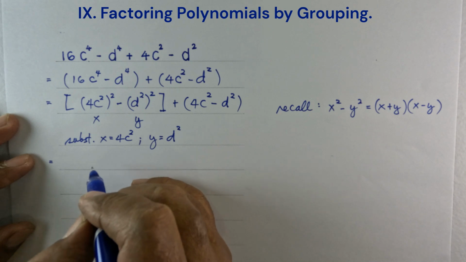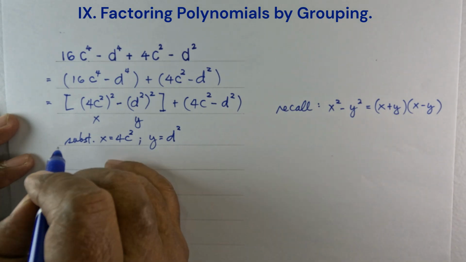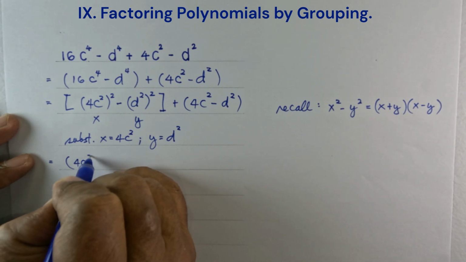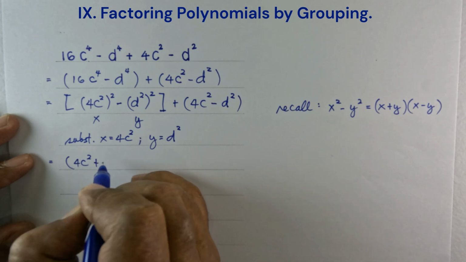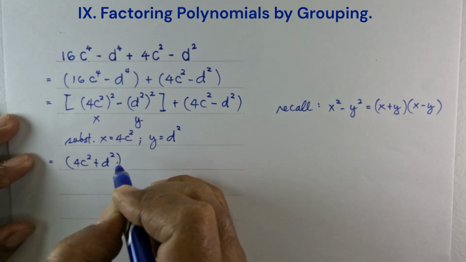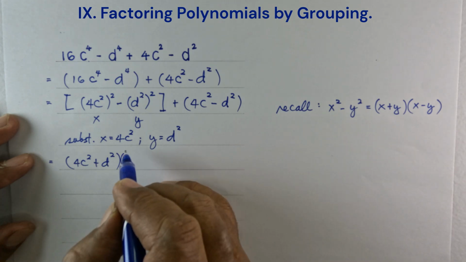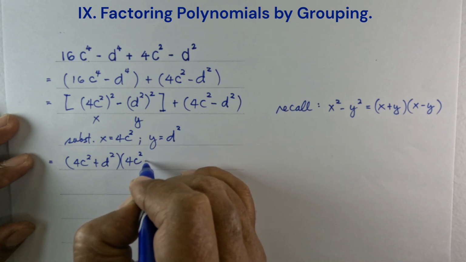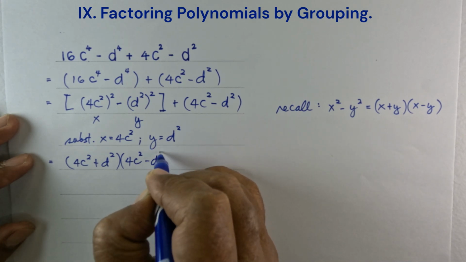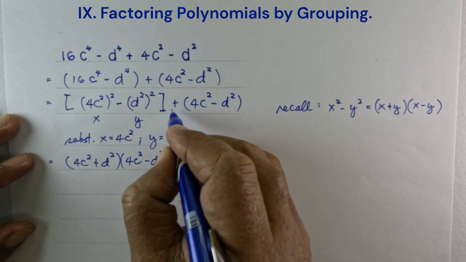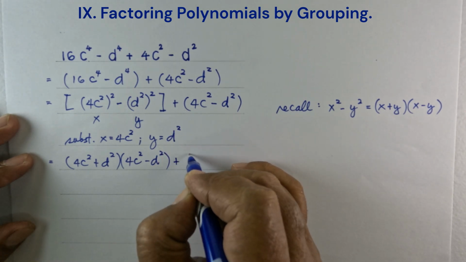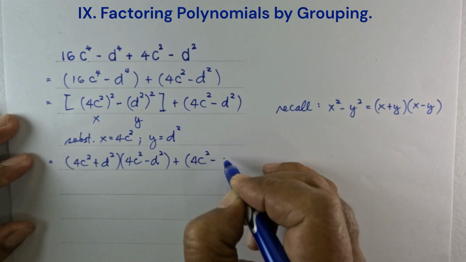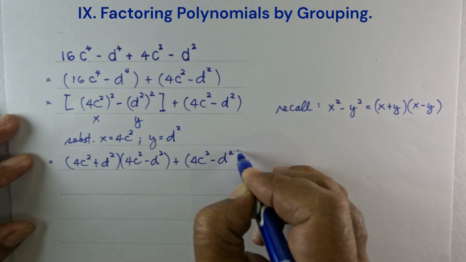So that's x plus y, 4c squared plus d squared, times x minus y, that's 4c squared minus d squared, plus 4c squared minus d squared. There.